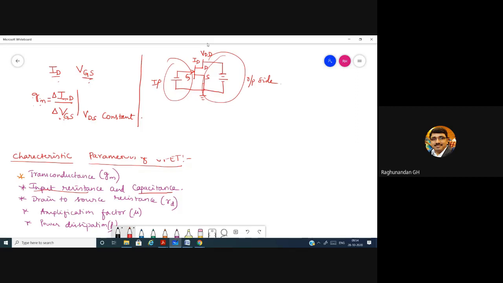Now, can anyone tell me what is the input resistance? Where does that input resistance exist?